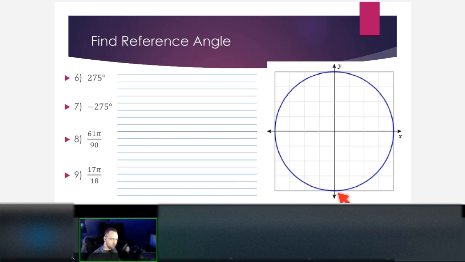And again, if it helps, draw a little picture of a circle with the quadrants just so you can see what it looks like.